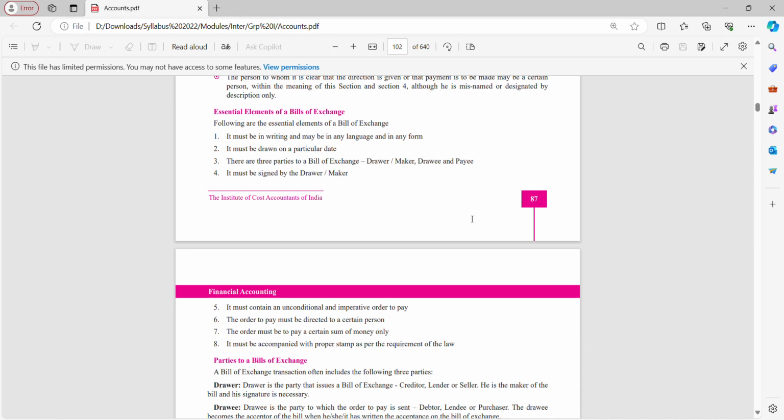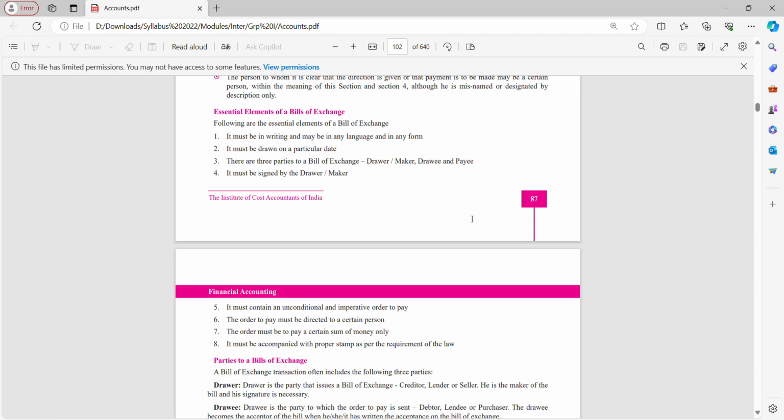It must contain an unconditional and imperative order to pay. The order to pay must be directed to a certain person. The order must be to pay a certain sum of money only. It must be accompanied with proper stamp as per the requirement of law.